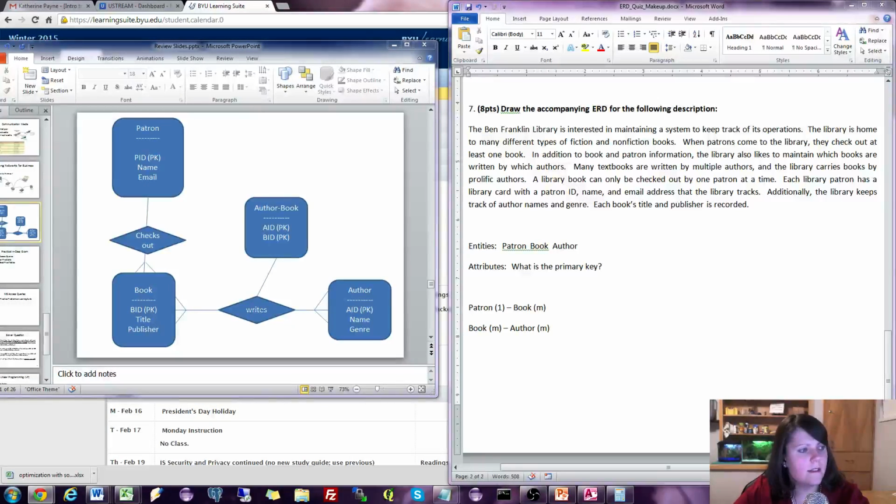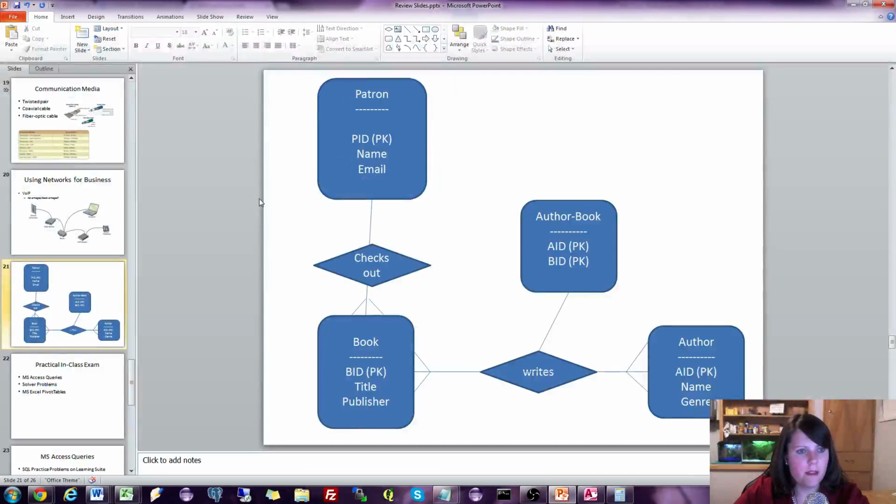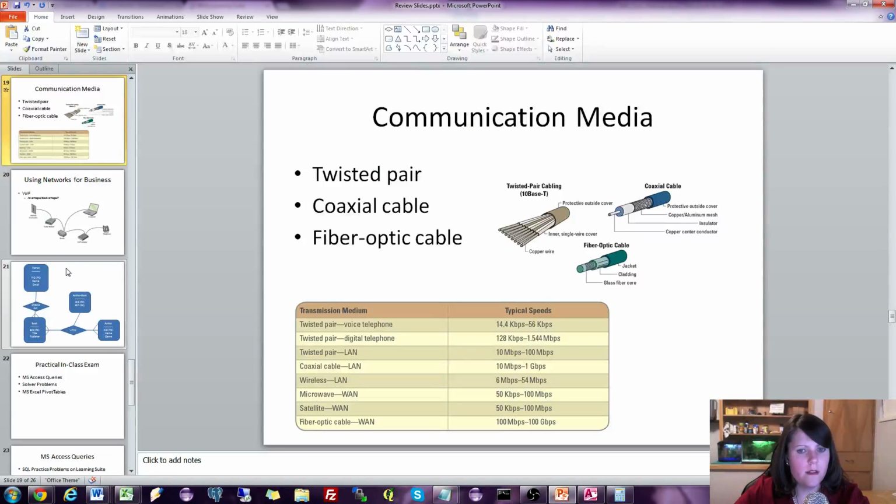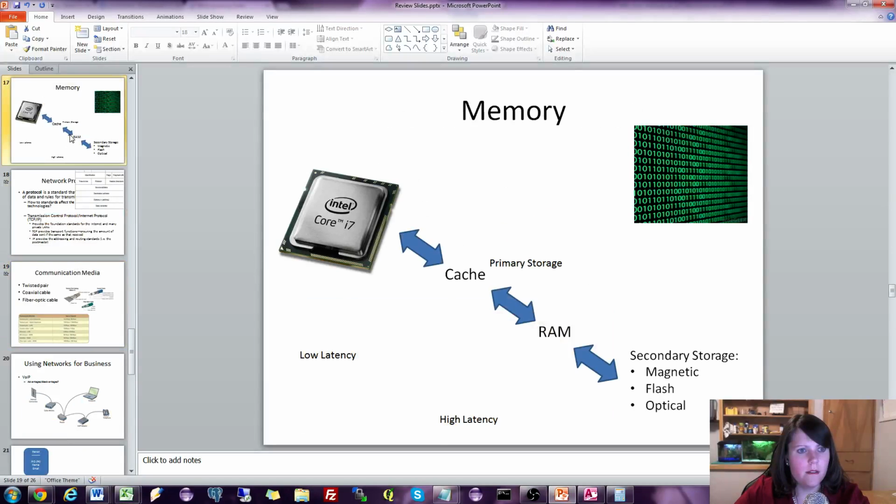what is latency concerning memory? So the point I was trying to make there was that the closer it is to the CPU, typically the faster it's going to be. So latency just means how long it takes for data retrieval.